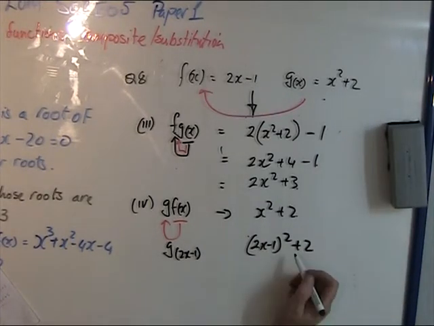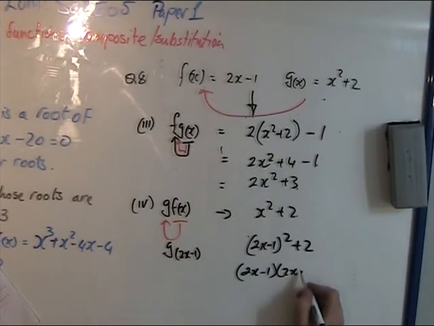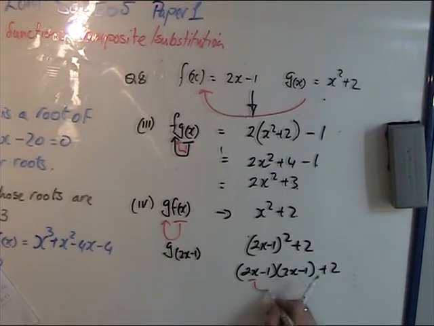Now 2x minus 1 all squared is the same as 2x minus 1 by 2x minus 1, plus 2. So you're multiplying the first by all of this. This will have been explained in algebra in series 1.